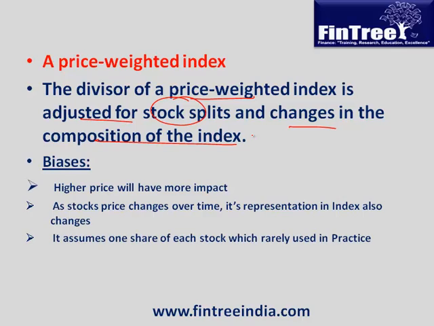It assumes one share of each stock, which is rarely used in real life. So these three biases, write down in your flowchart. Here you can write it separately, whatever suits you. Make sure you remember at least one or two of them. Yes, Dow Jones is a price weighted index.